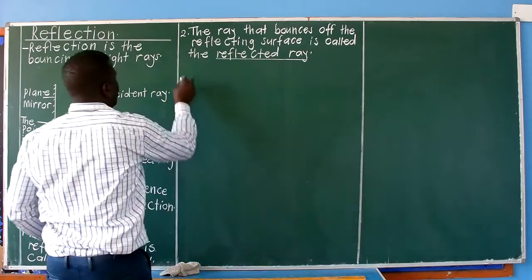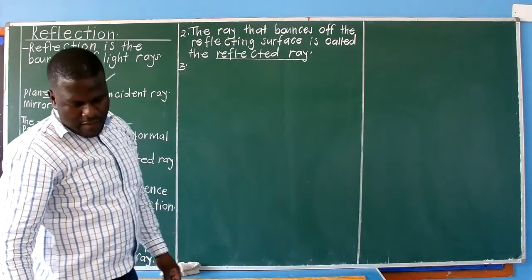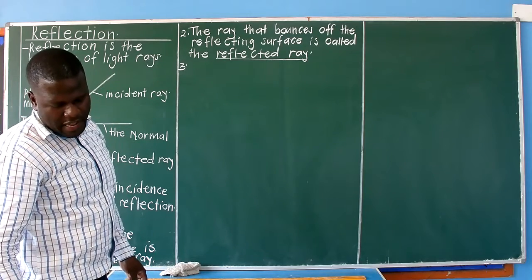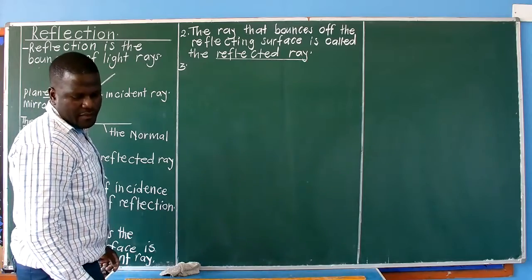Then number 3, the normal is perpendicular between the incident ray and the reflected ray.